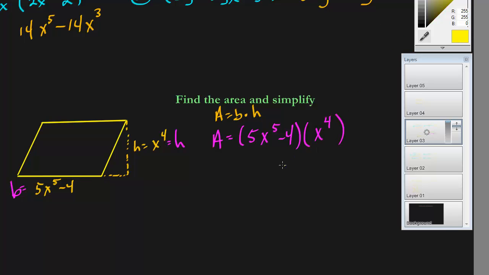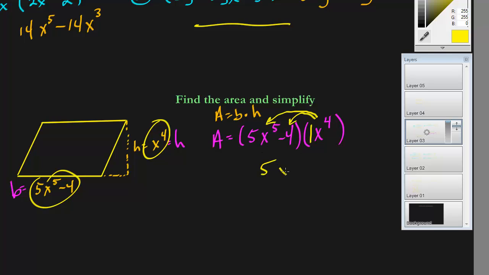This is just base times height. When you do this problem, it's going to look just like the one up here, because you have to distribute this backwards like that. So that's going to be 5. And remember, this is like 1x to the fourth here. I'll leave that 1 there just for the heck of it. So this will be 5x to the ninth minus 4x to the fourth.